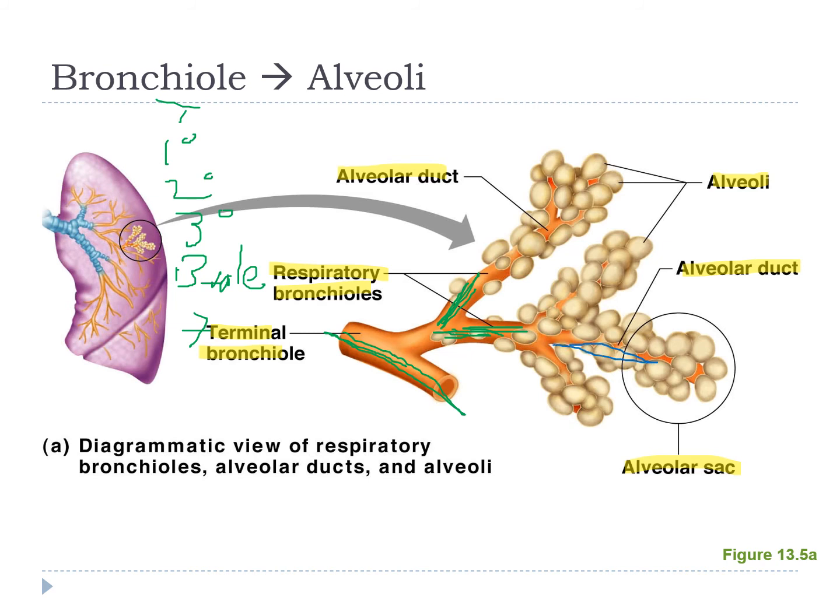These are the alveolar ducts. This is an alveolar duct. You can barely see it, but it's underneath. There's an alveolar duct. There's an alveolar duct. And then the alveolar sac is a cluster of individual alveoli. That's an alveoli, that's an alveoli, that's an alveoli. So it's like a tree where the alveoli are the leaves or the berries.